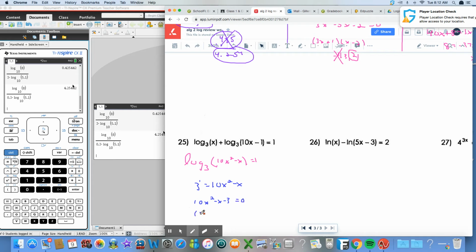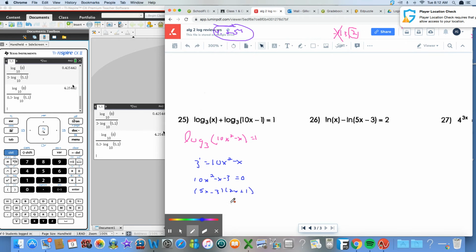Let's see, I think it's 5x and 2x. 3 and 1. And we need that to be a negative. So that's a negative. That is a positive. So your answers are positive 3/5 and negative 1/2. Once again, we go to plug in, and negative 1/2 does not work because you get a negative after the log. 3/5 works there. 3/5, that's 6. That's good. So the answer is 3/5.